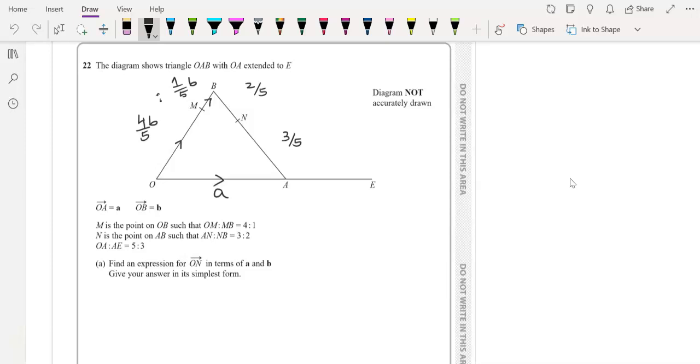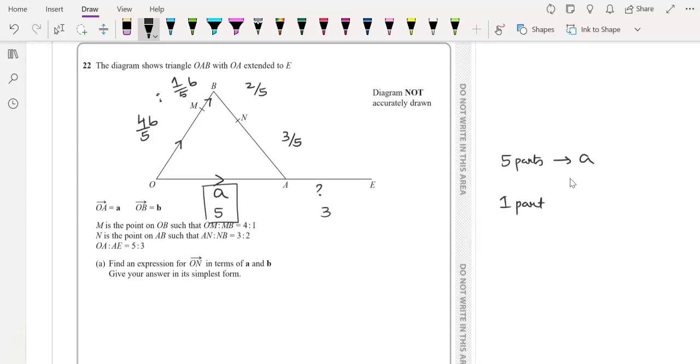Okay, and it also says OA is to AE is 5 is to 3. So OA is 5 parts and AE is 3 parts. So 5 parts is vector A. So we need to find out how much is 3 parts. So we can work it out like this. 5 parts is A, divide both sides by 5.